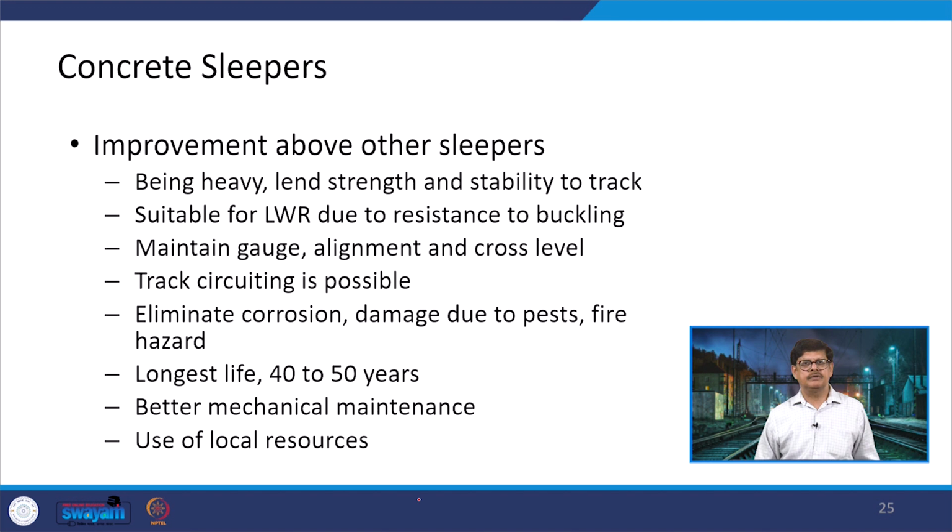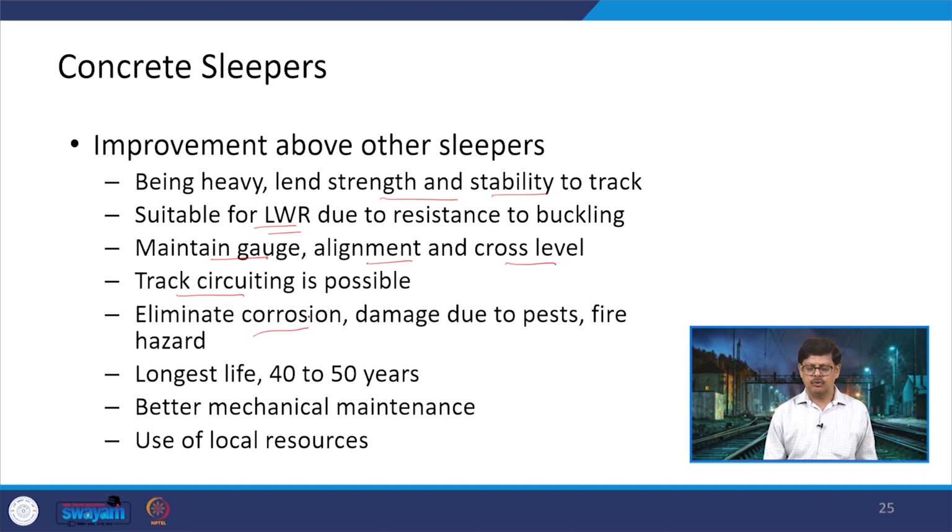What are the improvements over other sleepers? Being heavy, they provide more strength and more stability to the track. They are suitable for LWR, which was a problem in the previous cases. This maintains gauge, alignment and cross levels, again a problem observed in the previous cases. Track circuiting is possible because metal is not being used here.